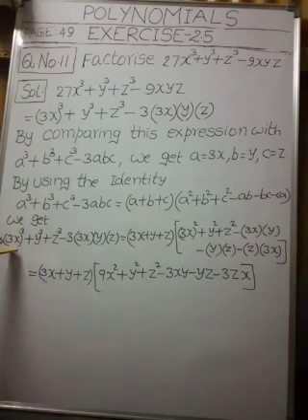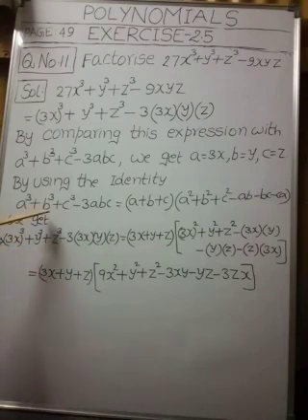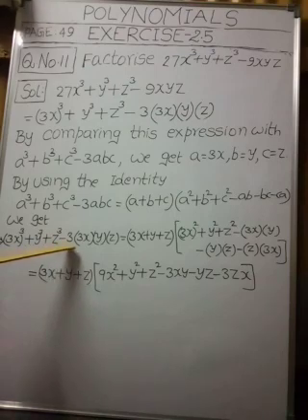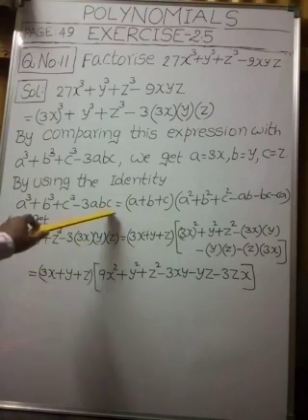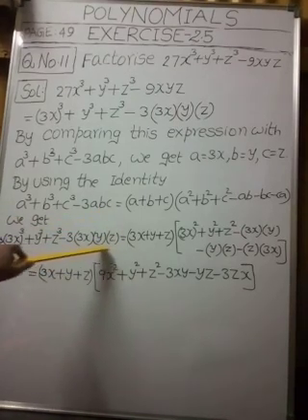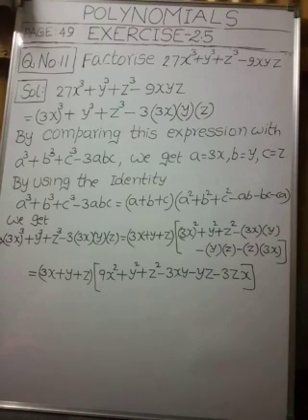Then we get 3x whole cube. A means 3x, so 3x whole cube plus b means y, y cube plus c means z, z cube minus 3 of a means 3x, b means y and c means z. Observe here this term. Here I used small brackets.